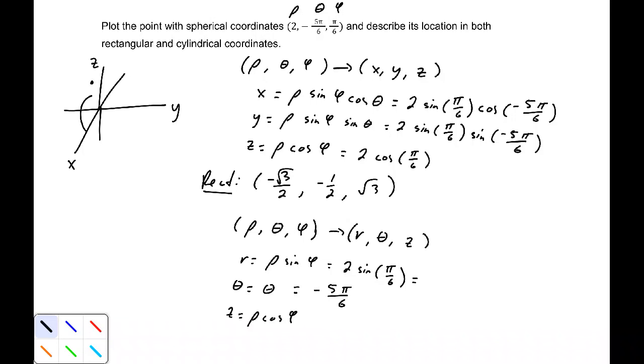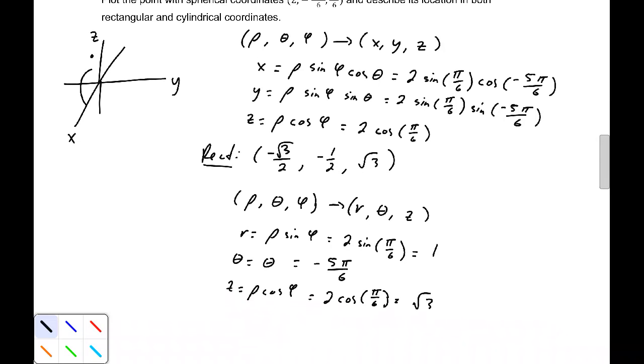And z will be the same value as in the last one, so it'll be 2 cosine of pi over 6. So we have these values. When we evaluate those, we have a value of 1, negative 5 pi over 6, and square root of 3. So that means our cylindrical coordinate point will be 1 comma negative 5 pi over 6 comma square root of 3.